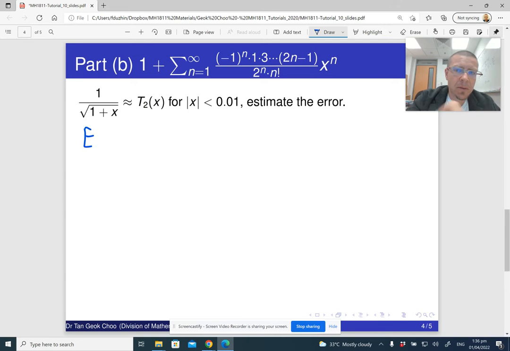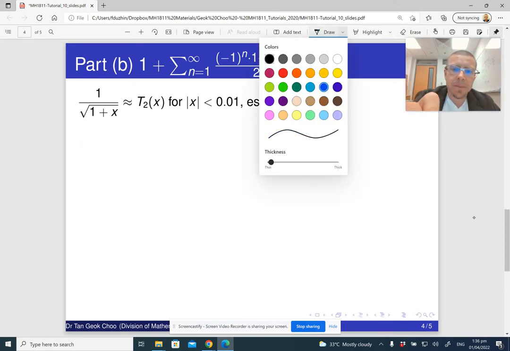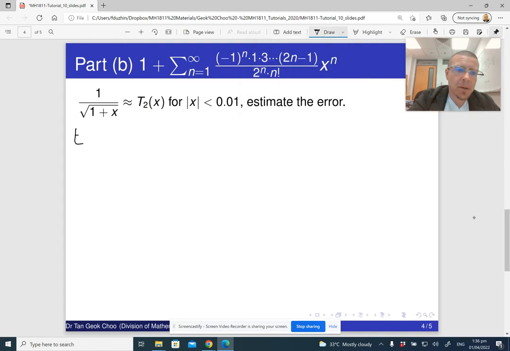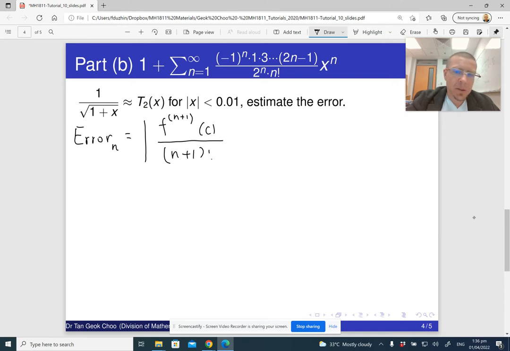So the error is going to be, generally speaking, if we use, say, n terms, then the error is the absolute value of the derivative of our function of order n plus 1 evaluated at some point c, divided by n plus 1 factorial, times x minus a to the power n plus 1.